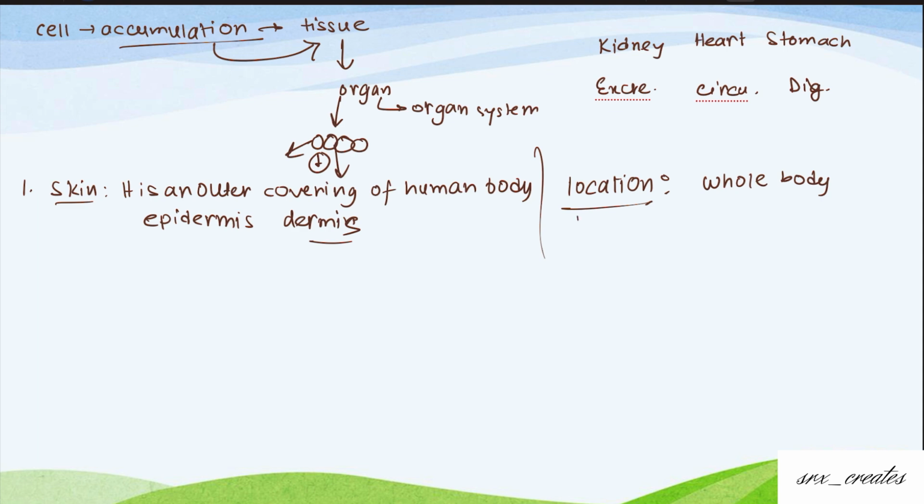Function. If you are asked to write a short note on skin, first what is skin, definition, then location, then function. Make it a point like a short note. Nowadays you cannot live without a fan, right? Fan is so essential. Summer has already arrived, spring is already gone.